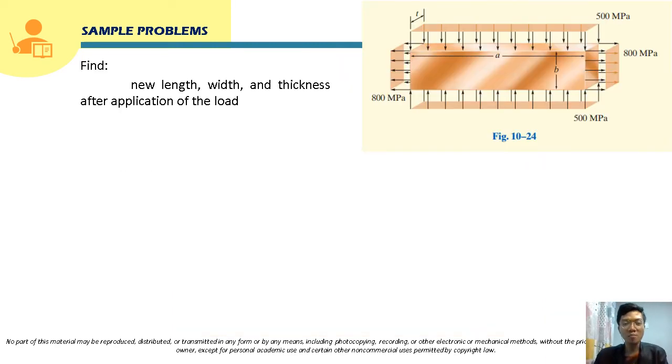For this problem, we are going to solve the new length. The length here is A, the new width, so the width here is B, and the thickness here is T. After application of these loadings, as you can see in this illustration, this copper bar will deform.